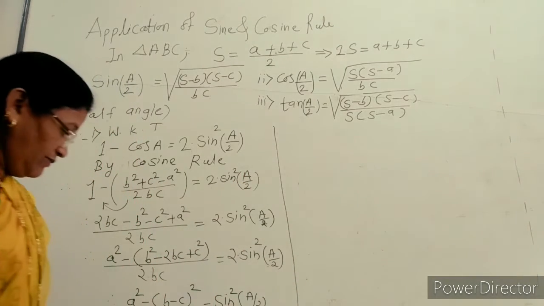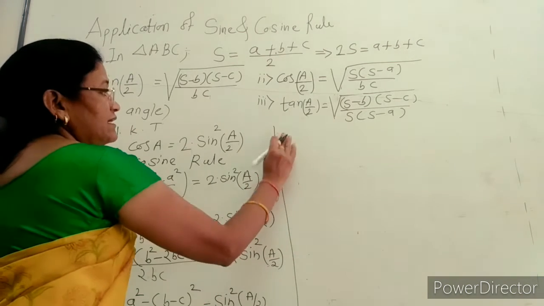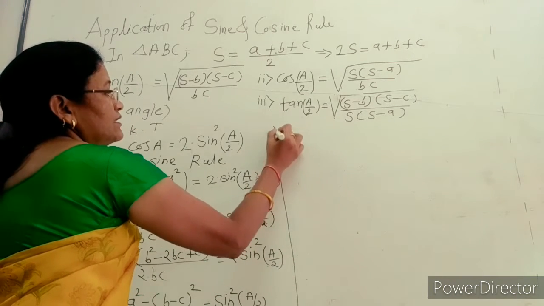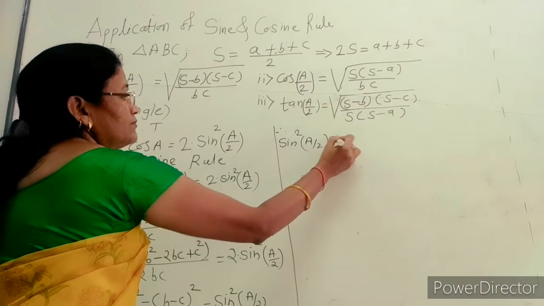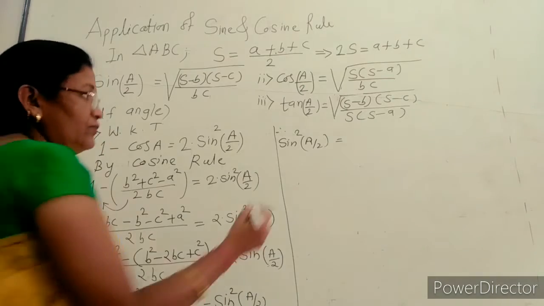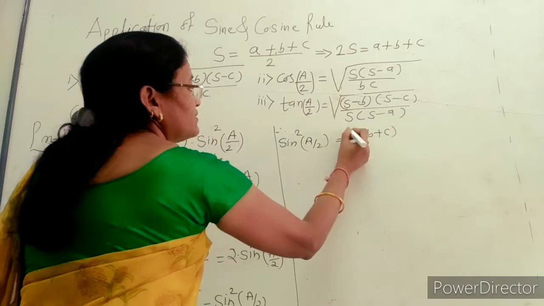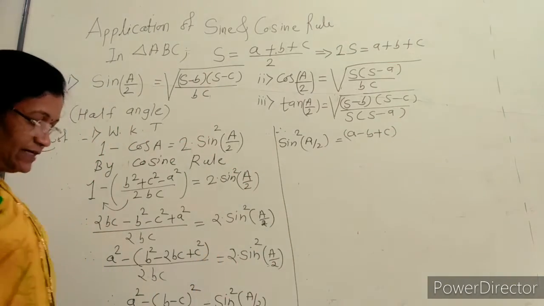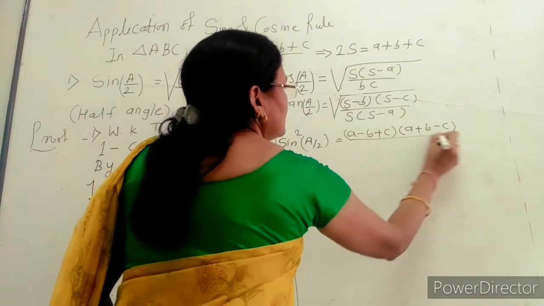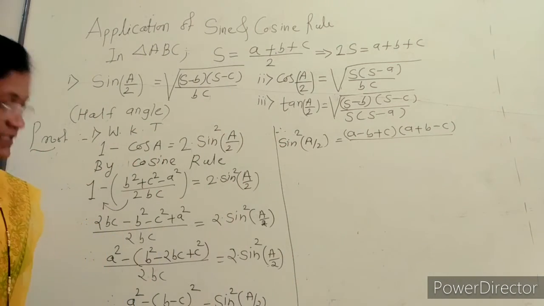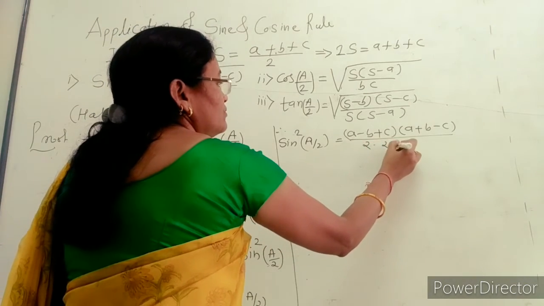Sine square A by 2 is equal to the first bracket, a minus b plus c, and the second bracket, a plus b minus c, whole divided by 2 times 2bc.